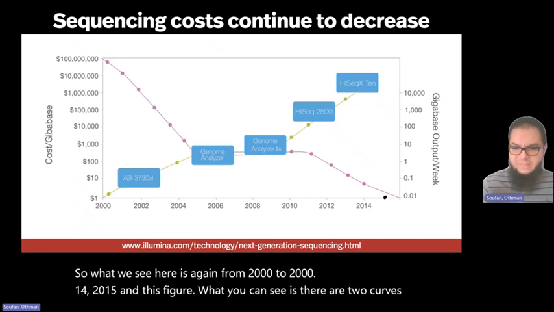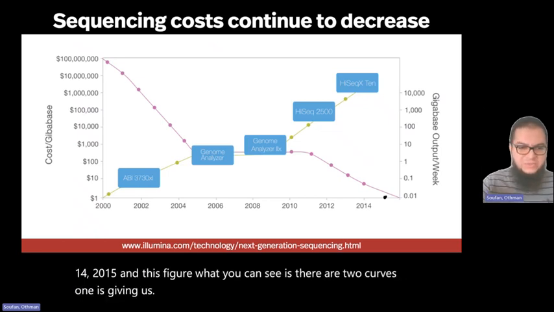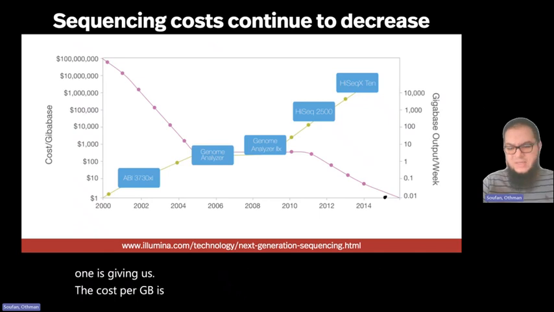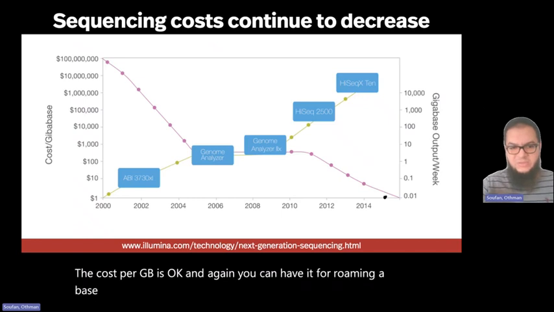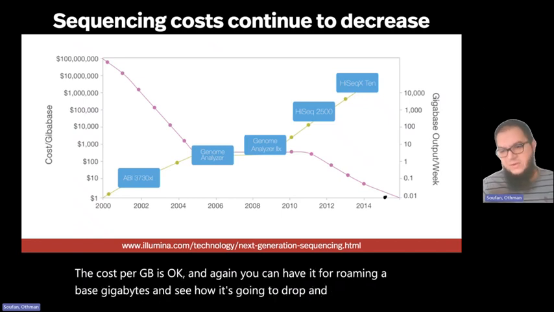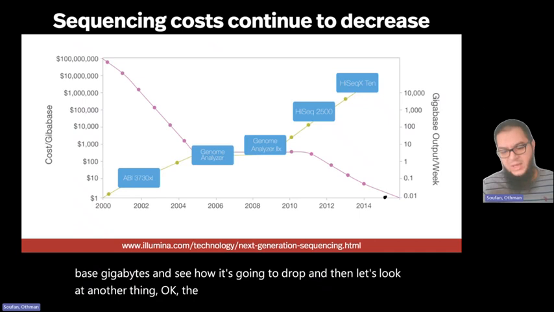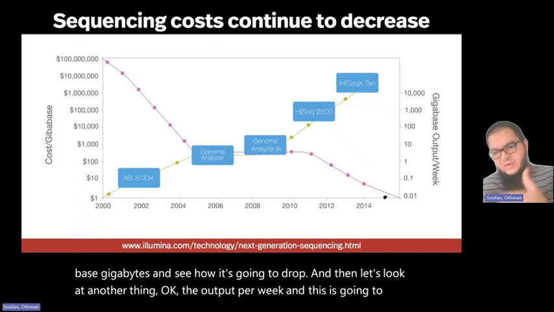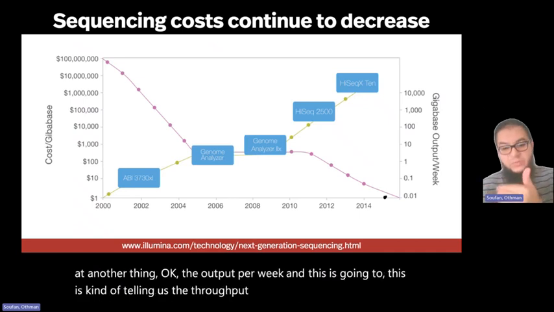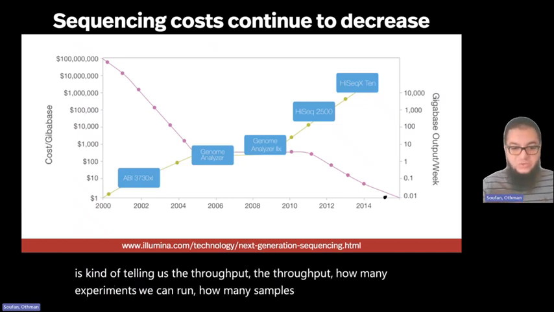One is giving us the cost per gigabase, and you can have it for raw megabase, gigabase, and see how it drops. Then let's look at another thing, the output per week. This is telling us the throughput, how many experiments we can run, how many samples we can screen, and so on and so forth.